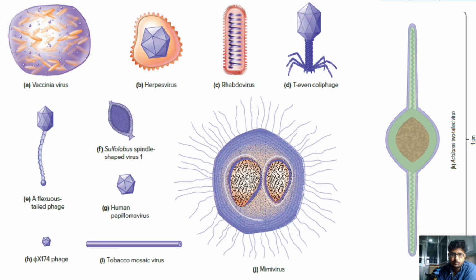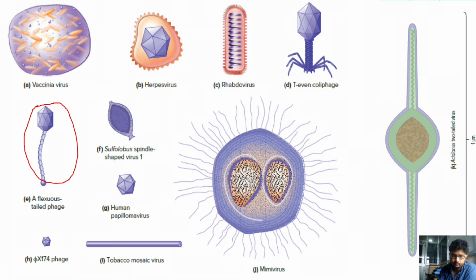This is a bacteriophage, so it contains an icosahedron capsid as well as this slender hollow tube, then tail pins or base plates, so a complex structure is there. Now this is also a bacteriophage. Bacteriophages are those viruses that infect bacteria, right?